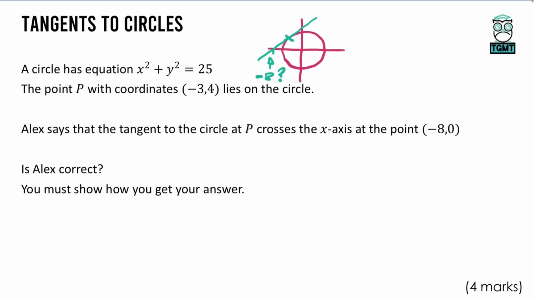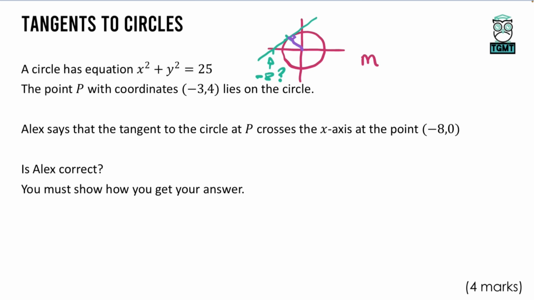Now to do that, we have to find the gradient of the radius, as the radius meets the tangent at a 90-degree angle. In other words, it is perpendicular to the tangent. So the gradient of the radius is really nice and easy to find when the circle's centred at 0, 0, because the change in y, the y coordinate from 0 to 4, is 4.